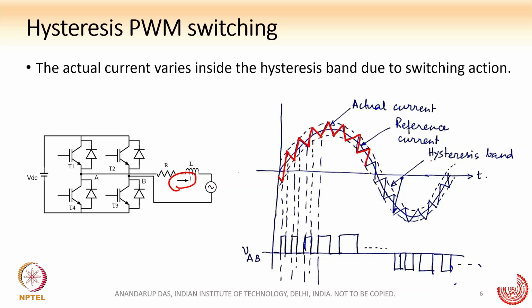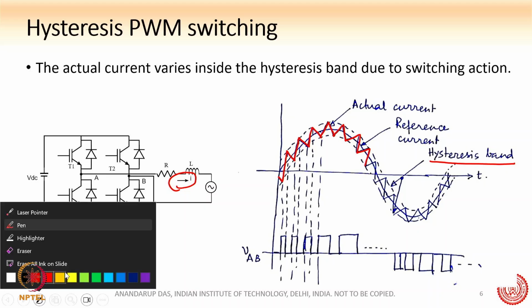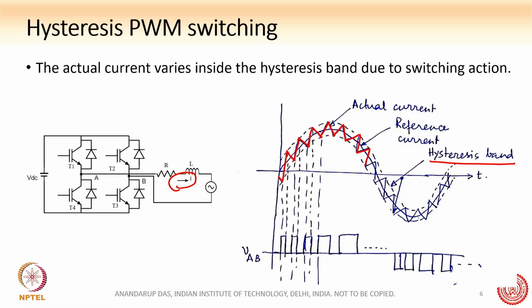This band of current is called the hysteresis band. What is there in the band is that there is an upper limit to the band, as you can see here, and there is a lower limit to this band. And whenever this actual current, the red one, hits the top one, the current is forced to go down.